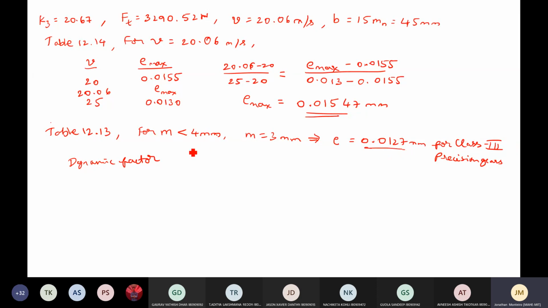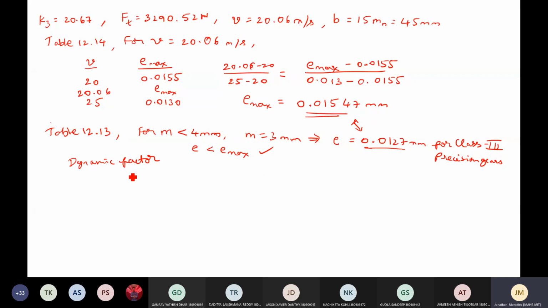The probable error should be less than the permissible or maximum allowable error. So E is less than Emax. This condition is verified. You compare these two. So E is less than Emax is verified.